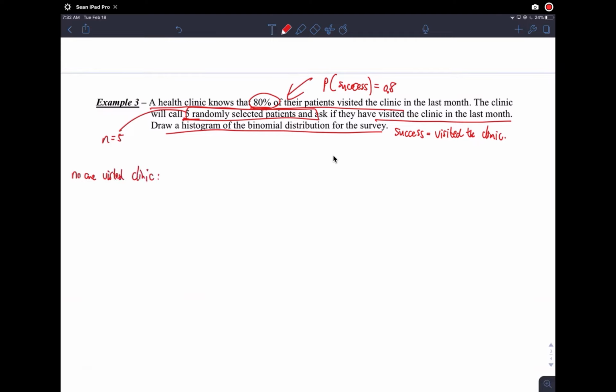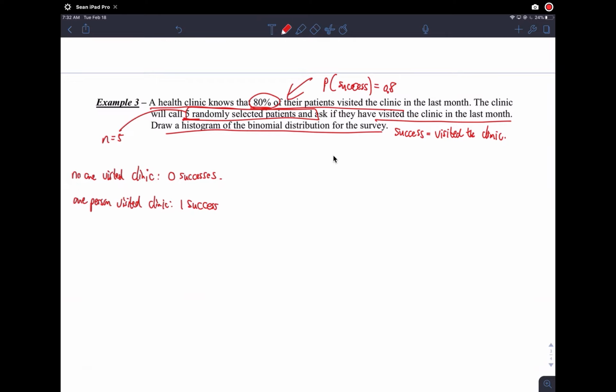That would be 0 successes. After 5 calls, no one visited the clinic. All right, and then how about 1 person visited the clinic? That would be 1 success.